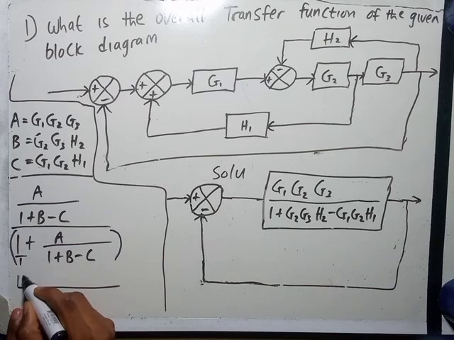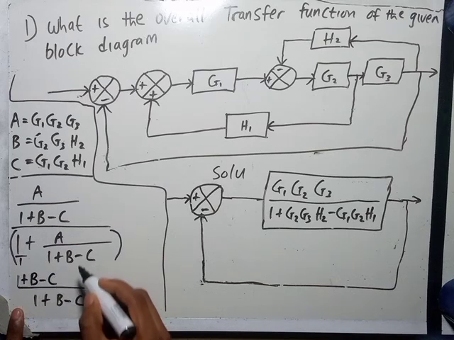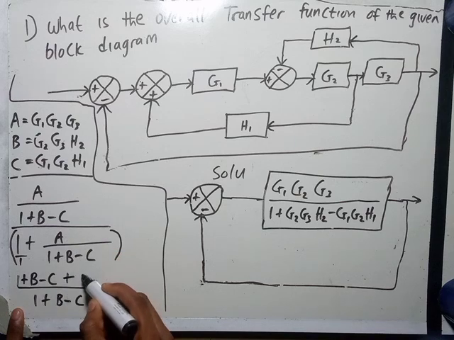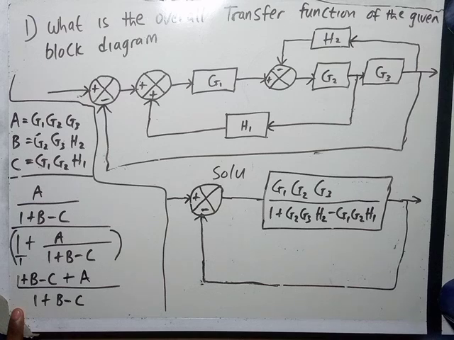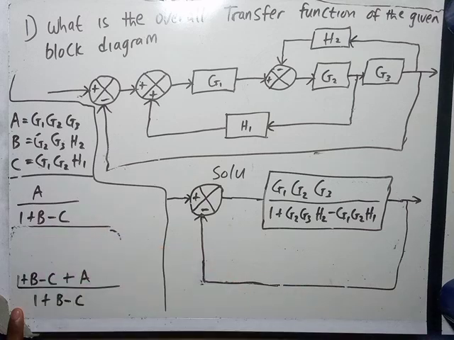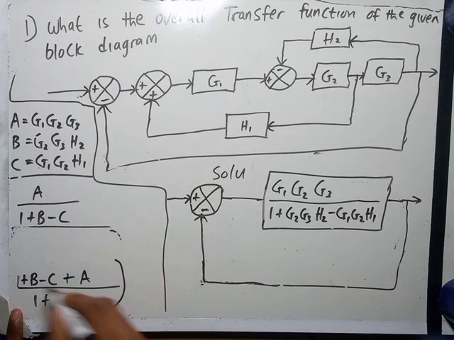We're going to be having 1 plus B minus C. This divided by this is 1. 1 times 1 on top, we're going to be having plus A. So we'll be having that our new denominator is this.